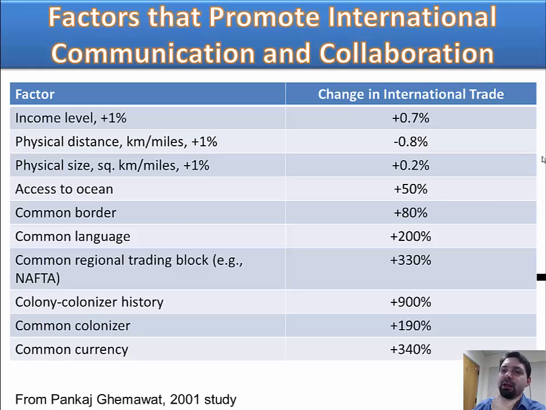So, for example, countries that have a colonizer history tend to trade much more than countries that don't have that history. I mean, literally 9 times as much as countries that are located at the same distance, are the same in all respects, but never had that colonizer history.